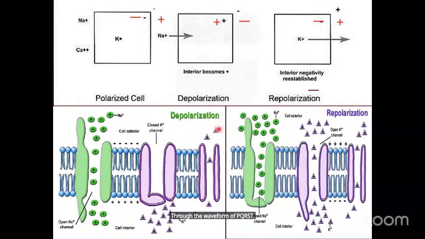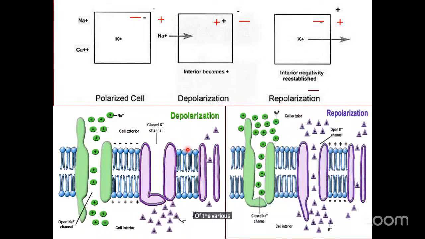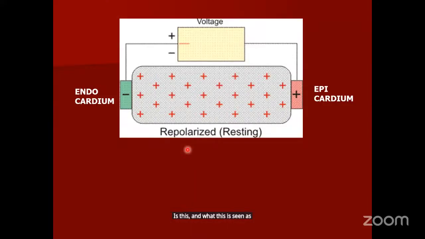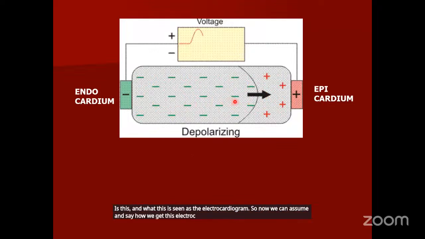What we see as PQRST is the depolarization and repolarization of the various cardiac tissues. That is what happens at the cellular level, and this is what is seen as the electrocardiogram.